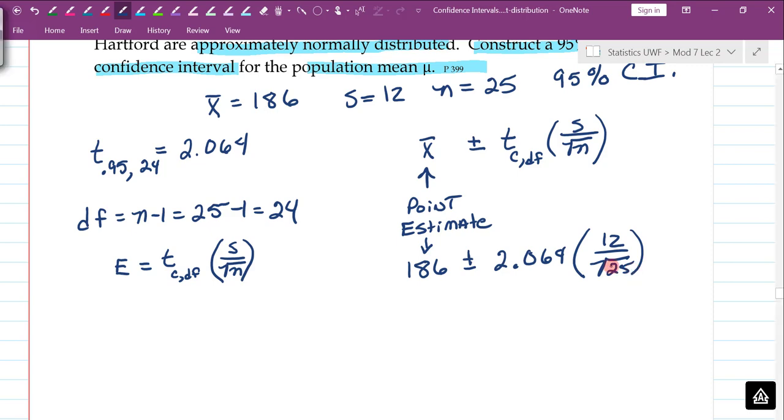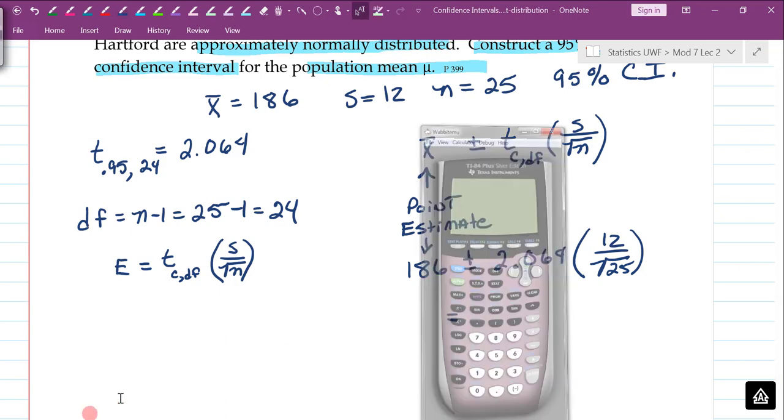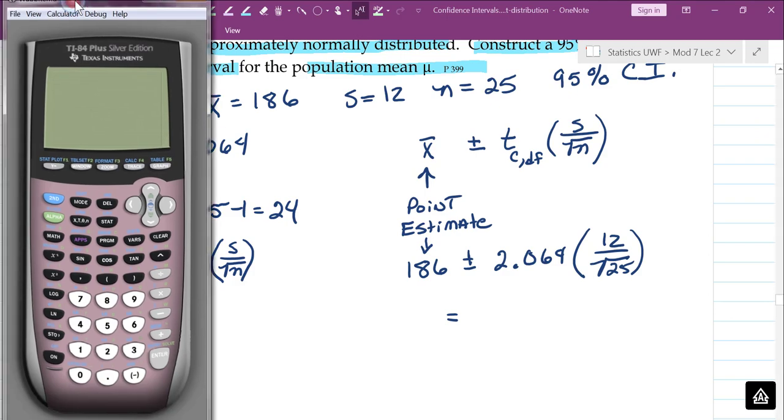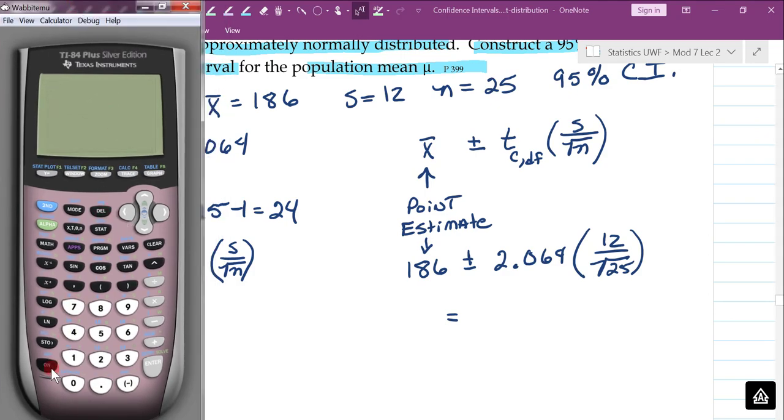So we're going to grab our calculator and we're going to find then that this is equal to, let me open up my calculator over here, and we'll turn it on, and we have 186 minus 2.064 times 12 divided by the square root of 25.